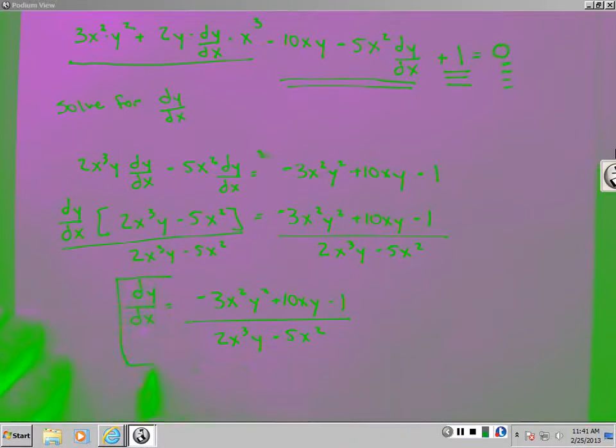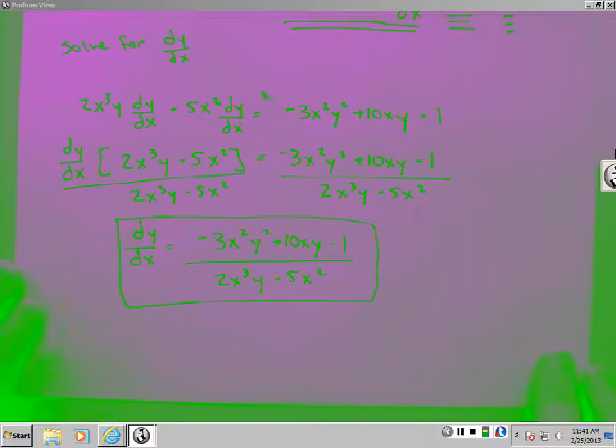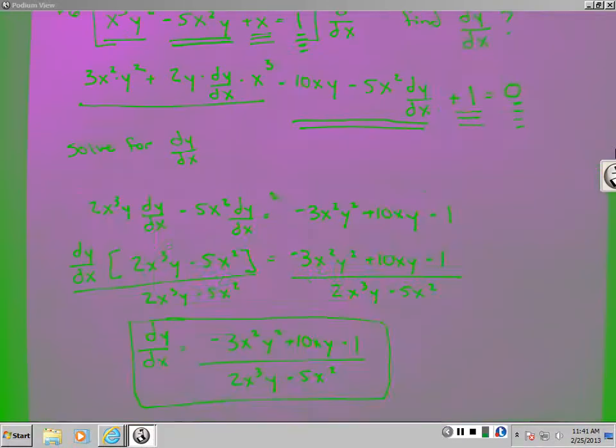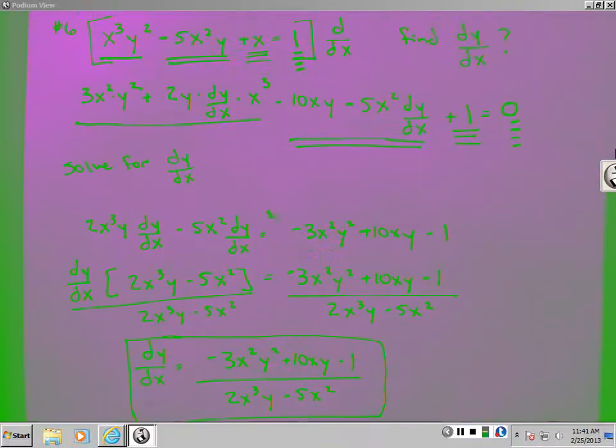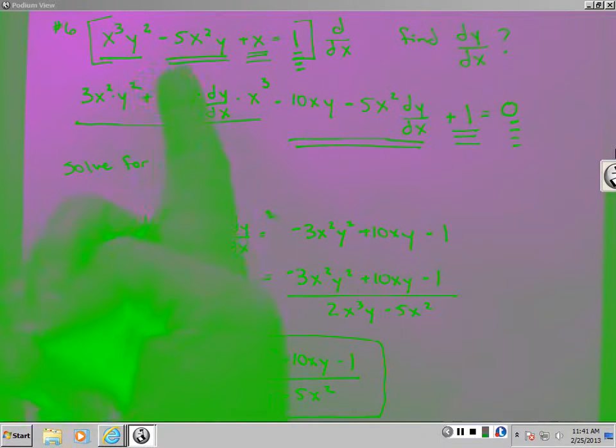So you see that the slope is a function of x and y. If I wanted to evaluate the slope at a point, I would need an x point and a y point. And we don't have a way to just evaluate it at an x point, right? In this specific instance, this is actually an equation of a quadratic in y.